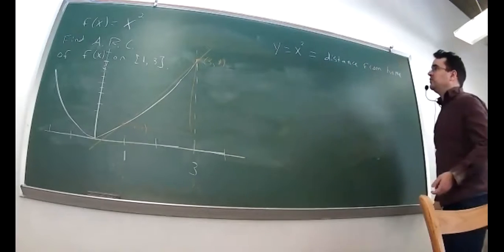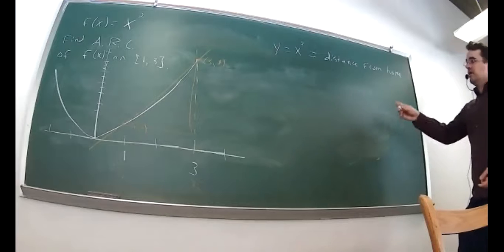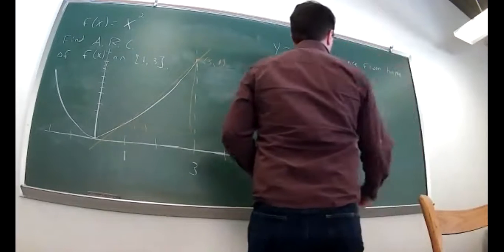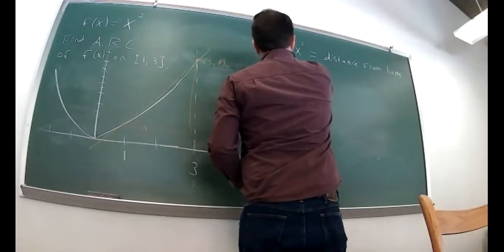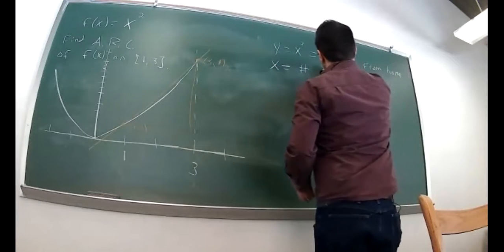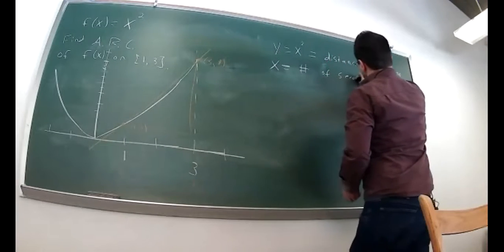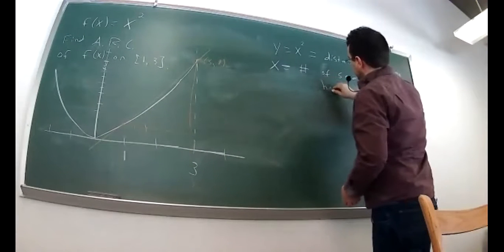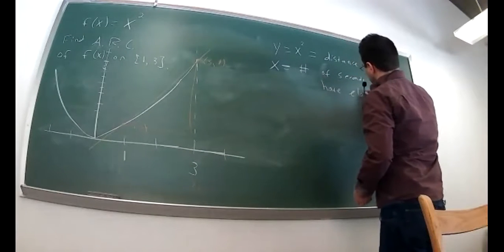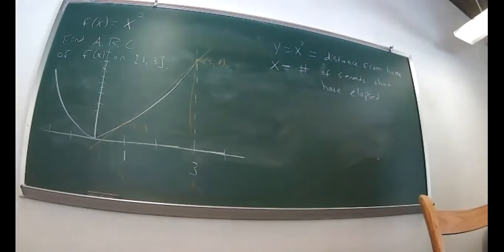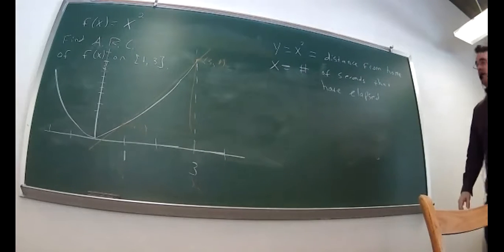So you're at home, you get in your car, and you start driving away from your home, and y equals x squared is your distance from home, and x is like the number of seconds that have elapsed.